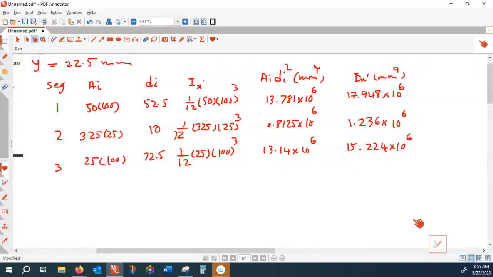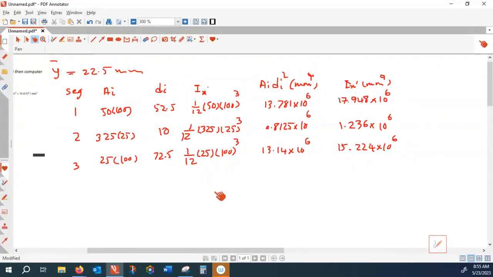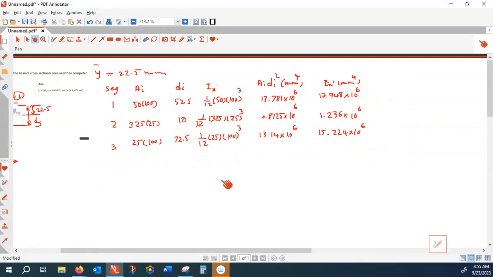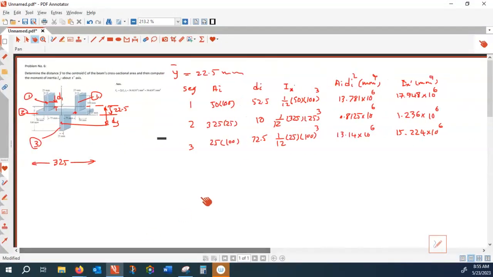And you notice that since we wrote everything in a tabular form, it's easy to check the calculation and it's easy to add everything together. So from this table, all I have to do is write this like that.